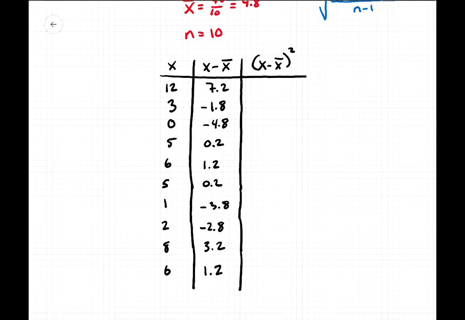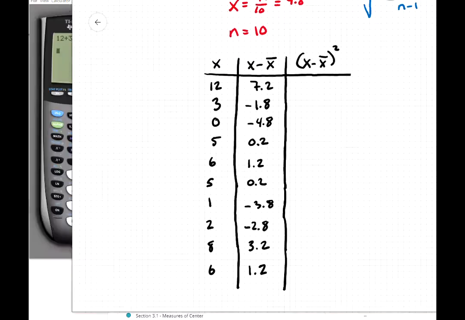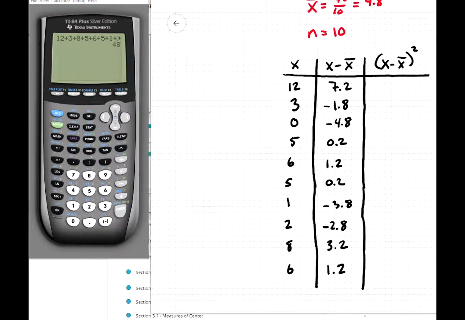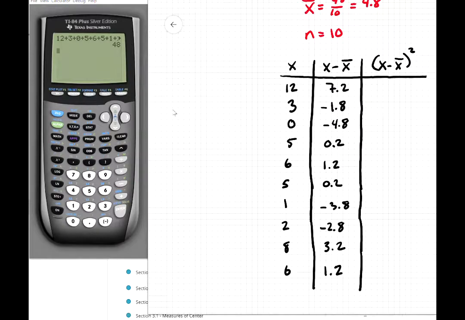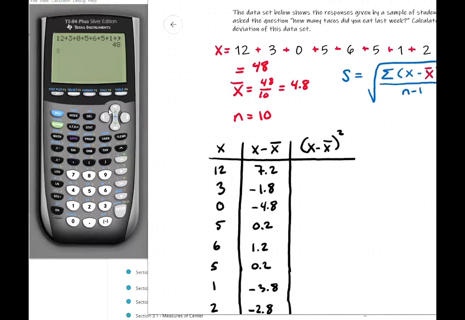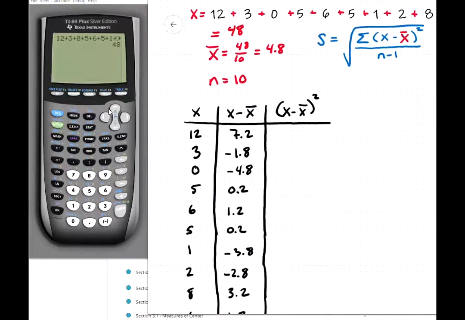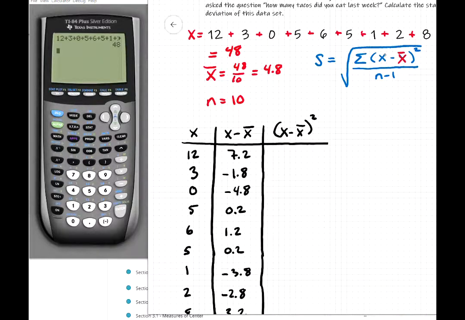Let's bring the calculator back. Now, our formula is telling us to take each x value and subtract the mean. That's what we did first.